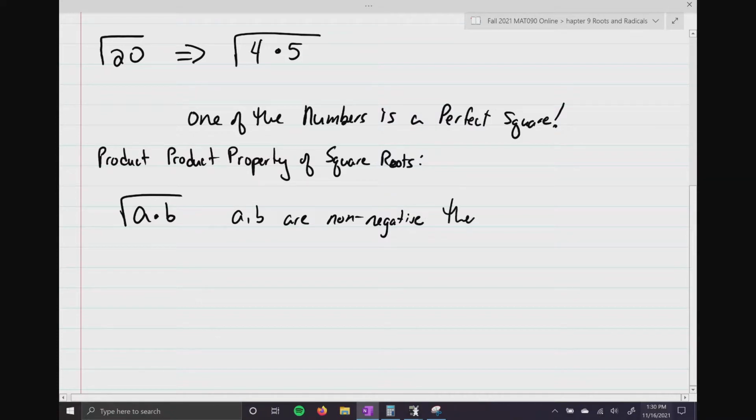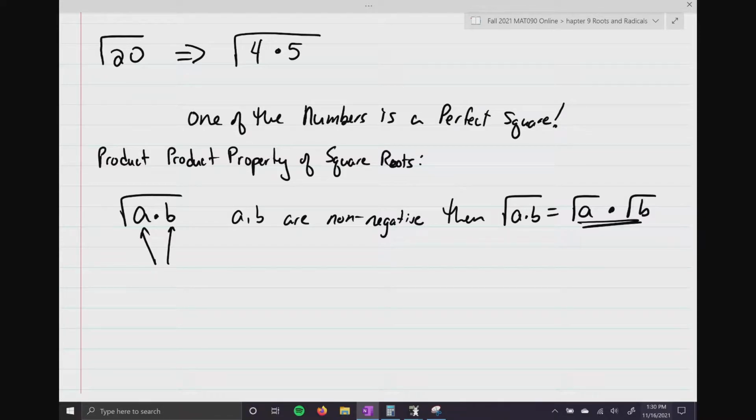So they got to be positive numbers. Then the square root of A times B is the same as the square root of A times the square root of B. In other words, as long as I am multiplying whatever I have underneath that square root, I'm allowed to separate them. I can break them up into their own little square root problems.